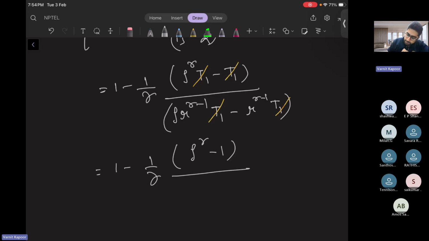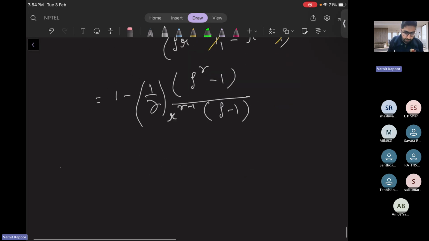And from here, if I take out R to the power of gamma minus 1 outside, I'm left with rho minus 1. Okay.